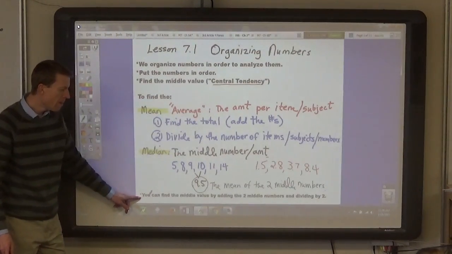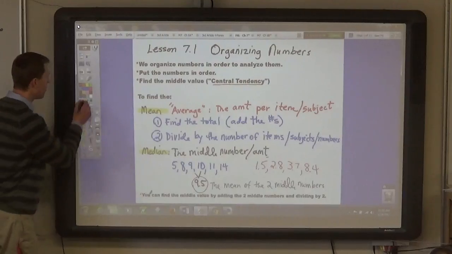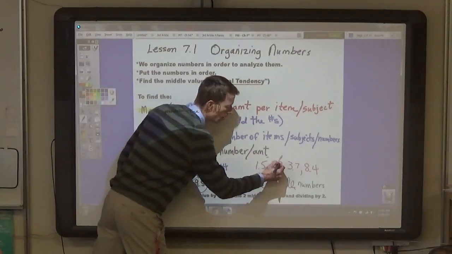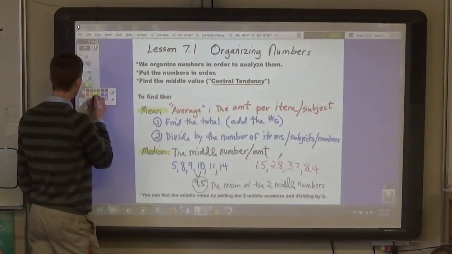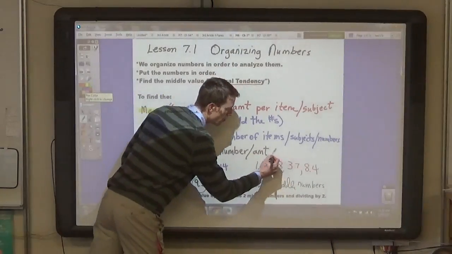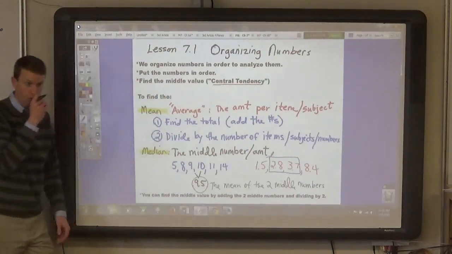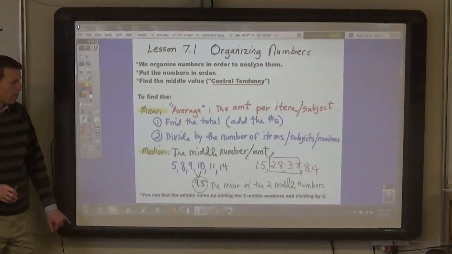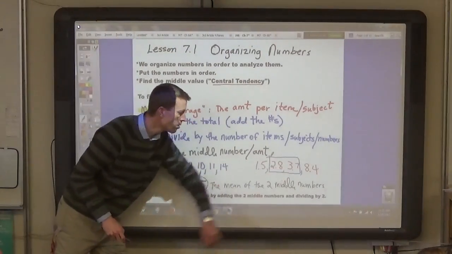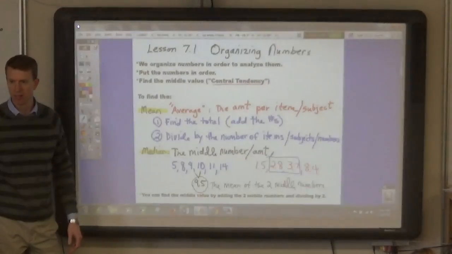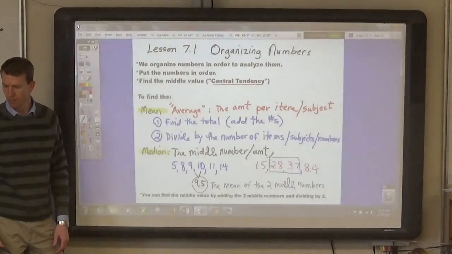You can find the middle value of the 2 middle numbers. So these 2 middle numbers, go. 3.7 and 2.8 are the 2 middle numbers.